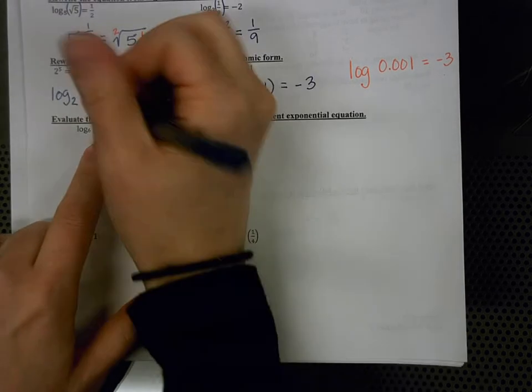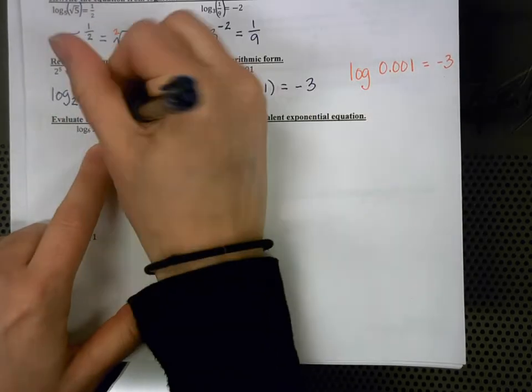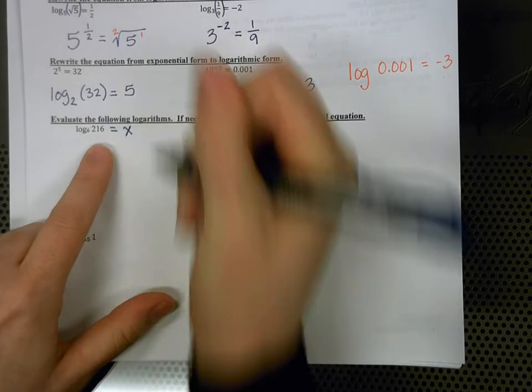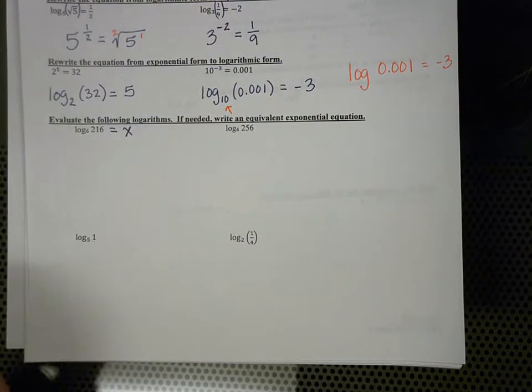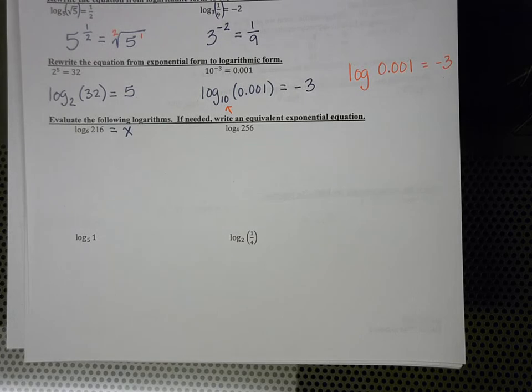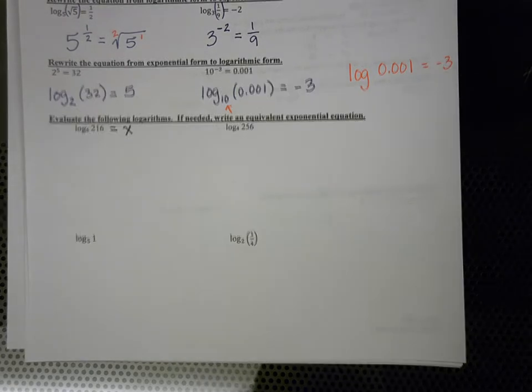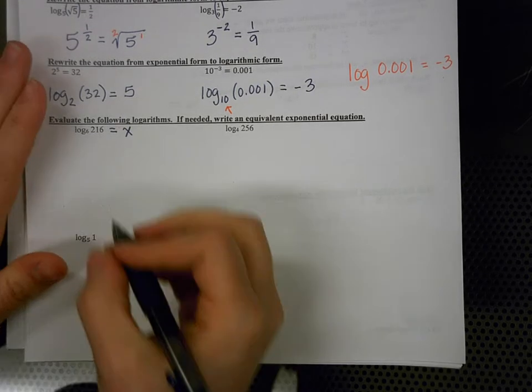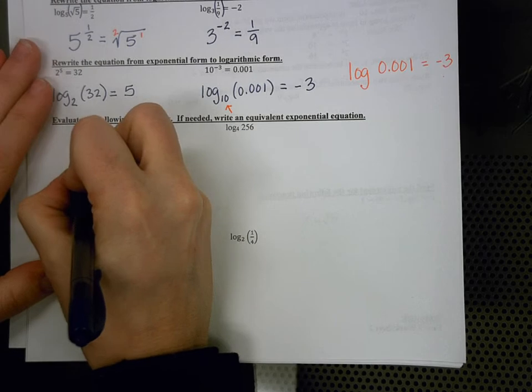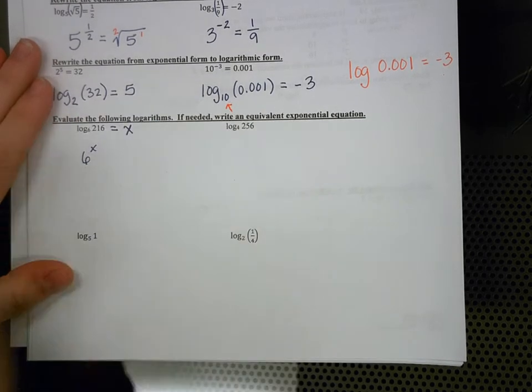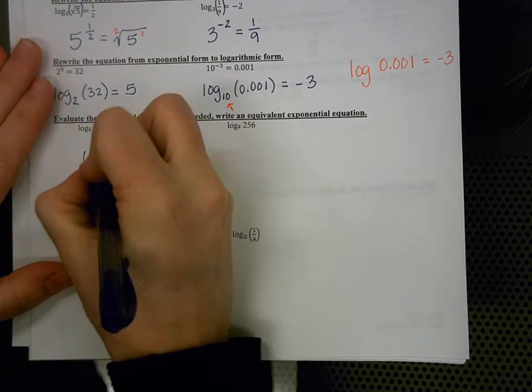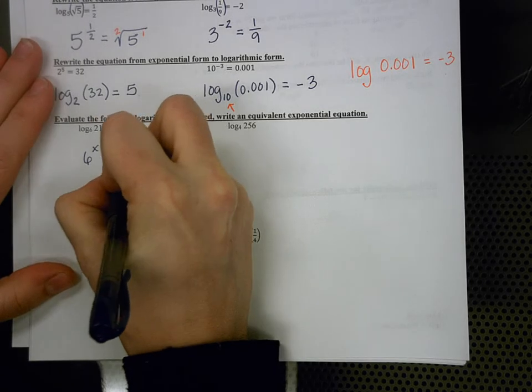And they produce an unknown power, so I'm going to write that this is equal to x because I don't know the power yet. And so when I rewrite this, I'm going to write it as what power do you raise 6 to, to equal 216?